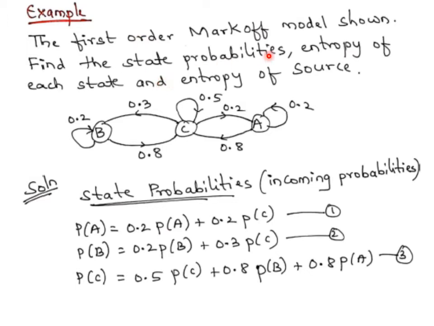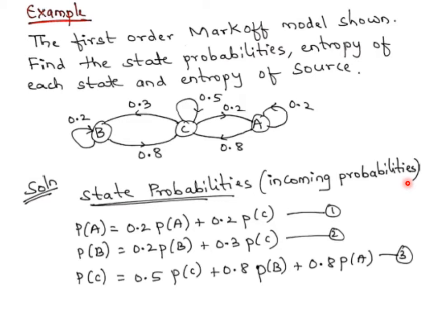Find the state probabilities, entropy of each state and the entropy of source. So as discussed in the previous slide, in order to compute state probabilities, we need to write state equations. And in order to write state equations, we have to consider the incoming probabilities.